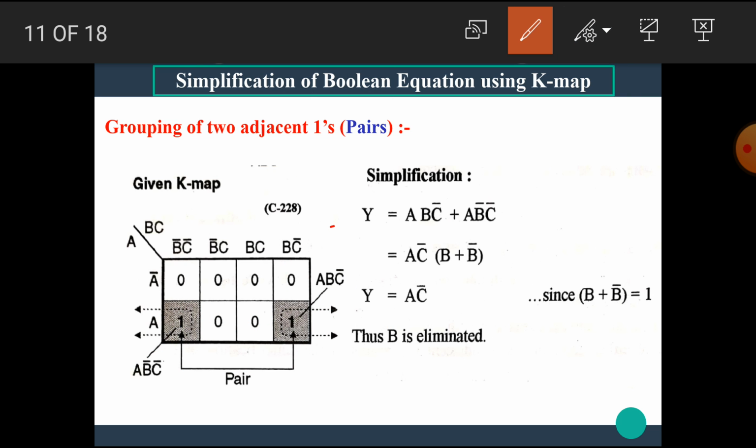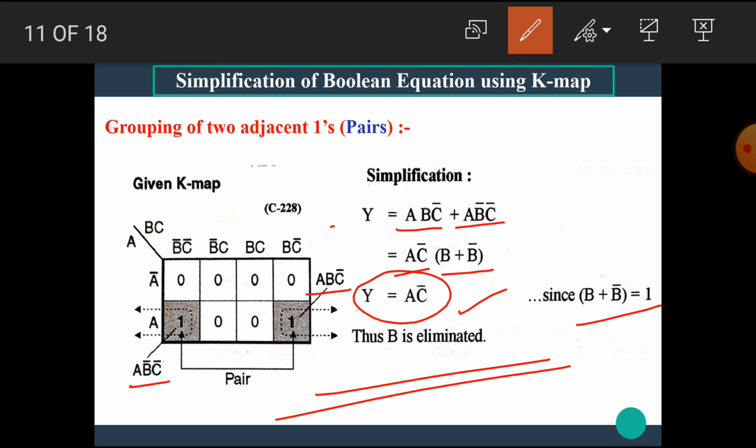Then we get y is equal to a b c bar plus a b bar c bar. We get here common a c bar, in bracket the remaining is b plus b bar, but b plus b bar is equal to 1, hence we get y is equal to a into c bar, and this is the simplification of the Kmap.